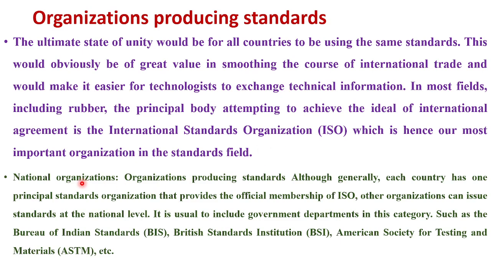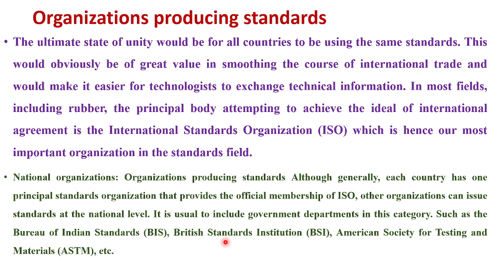Except for international standards, there are also different national organizations that produce standards for their own country. Each country has one principal standard organization that holds official membership of the International Standard Organization. Another organization can issue standards at the national level. For example, in India, it is Bureau of Indian Standards or BIS.